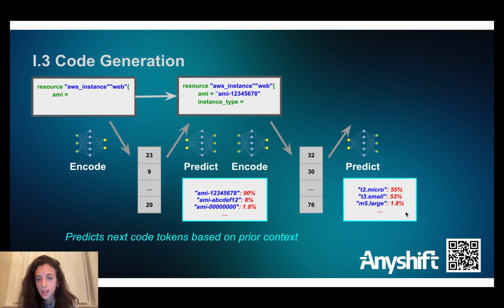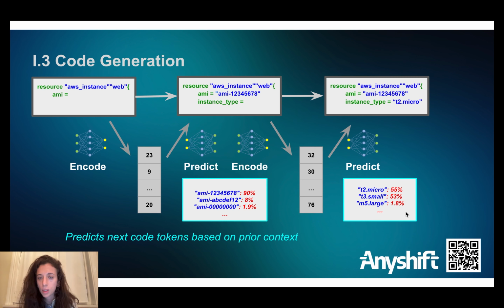And so in this case, you have a 55% chance that it should be a T2 micro, because your model was trained on a large amount of data, with a lot of T2 micro in this context specifically. And so on and so on. Your model, applied to Terraform code in this case, is going to progressively predict next tokens based on all the mathematical patterns it has learned from its previous knowledge.